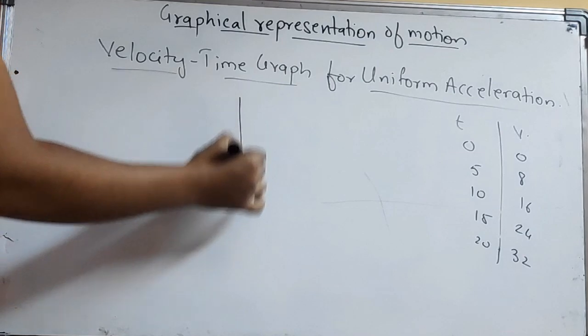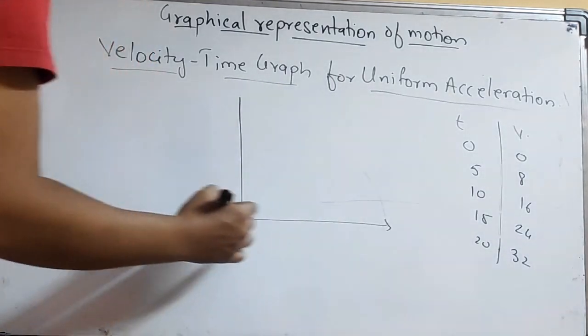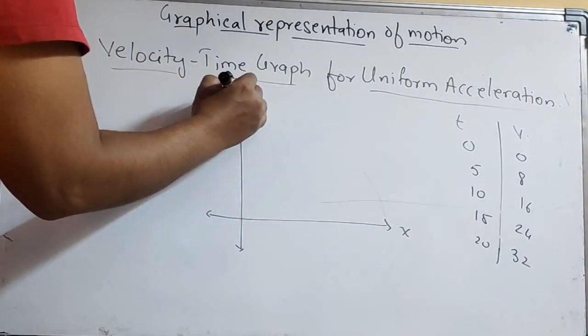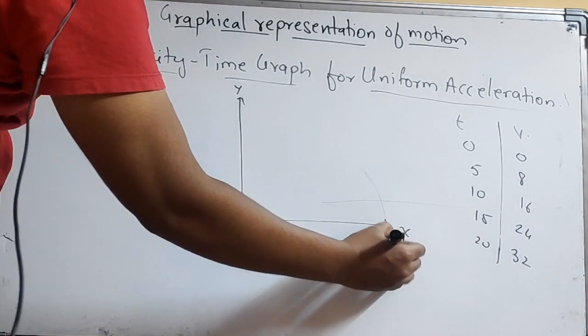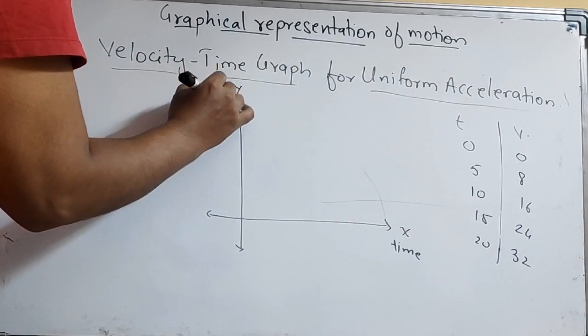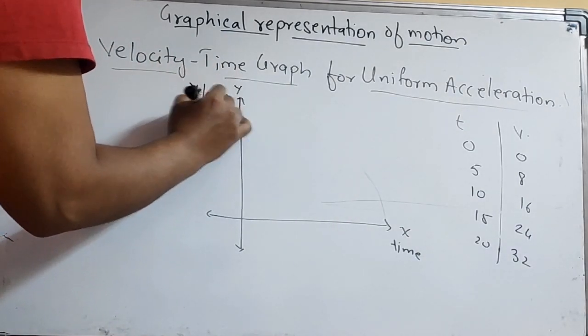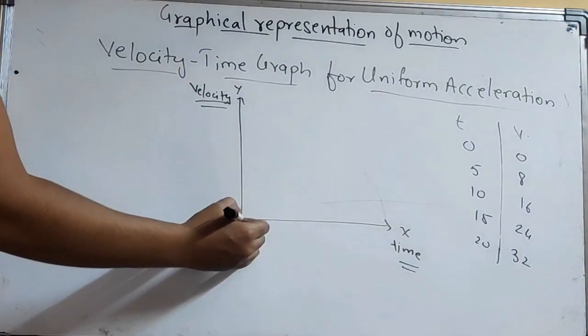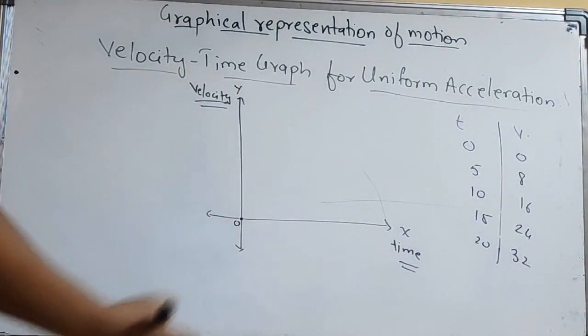So we are going to draw the x-axis and the y-axis. The x-axis and the y-axis represent time and velocity. This is the origin, this will be 0.